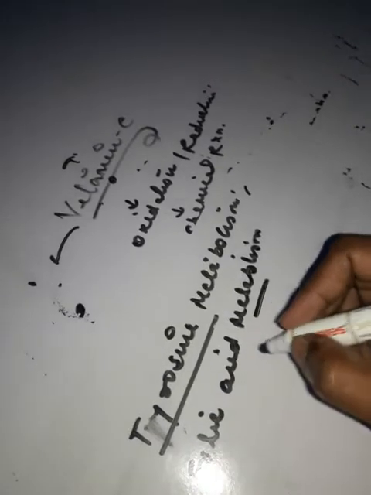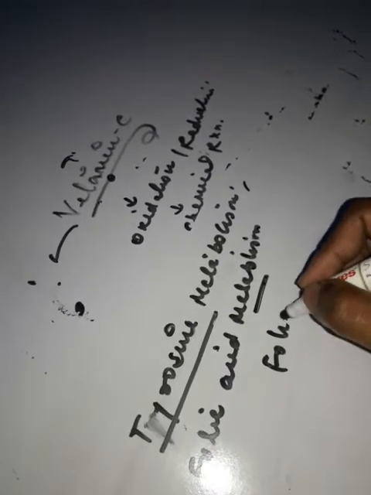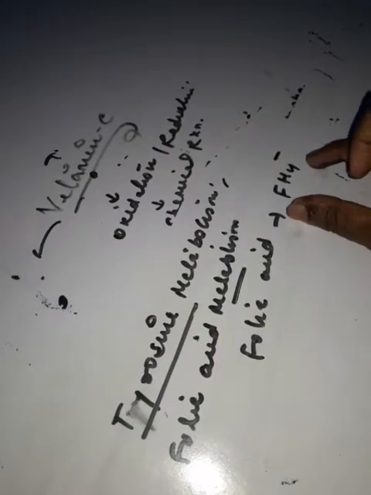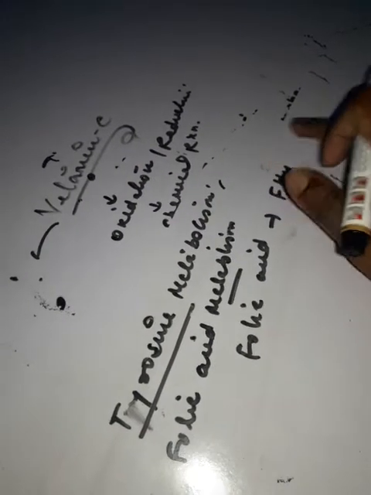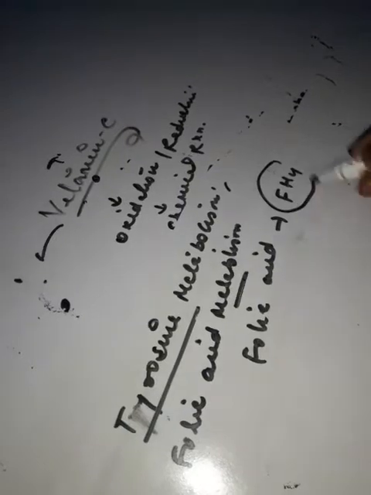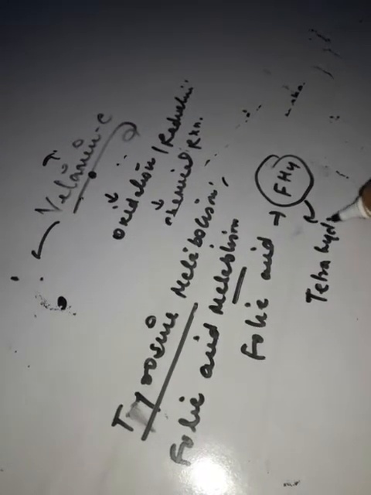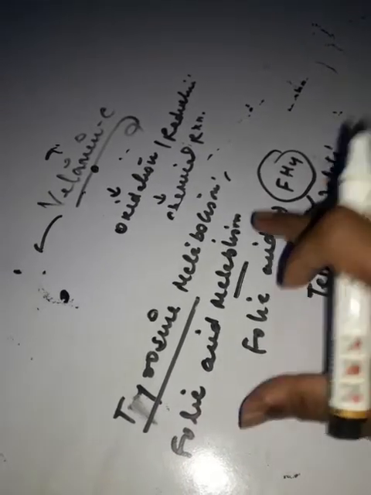It converts folic acid to the active folate form, tetrahydrofolate. Chemically, if you see the IUPAC name, it is tetrahydrofolate. So it helps here in the metabolism of folic acid. It is the main function of vitamin C.